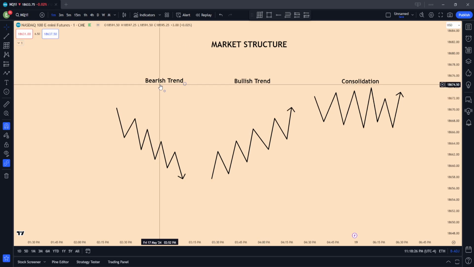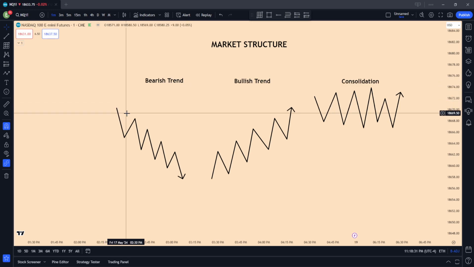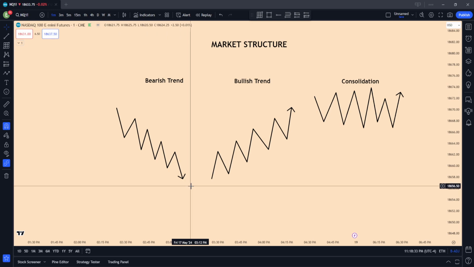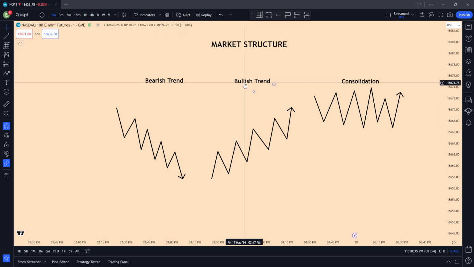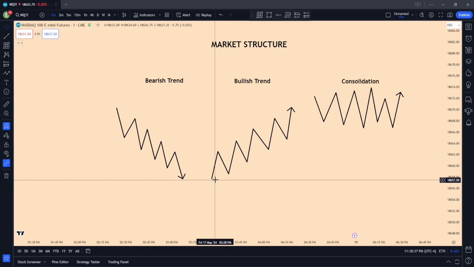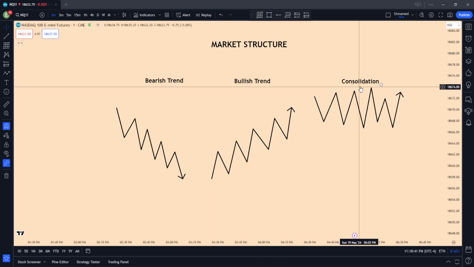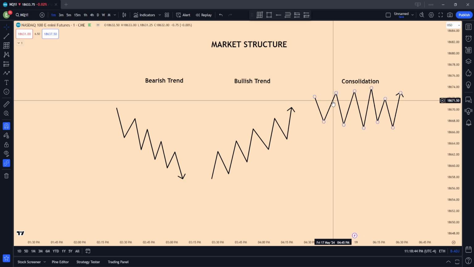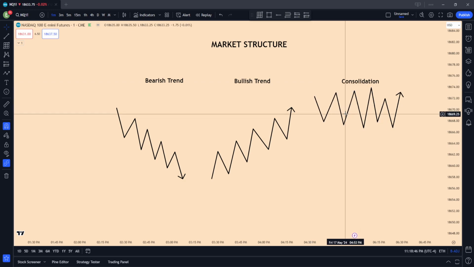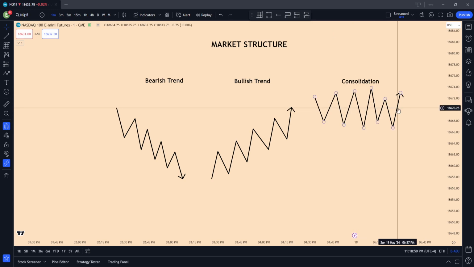So there's bearish market structure or bearish trend, which is a downwards momentum of price action. And then you have a bullish trend, which is an upward momentum of price action. And then you have consolidation, where the market moves sideways. It goes up and down, but there is no trend.